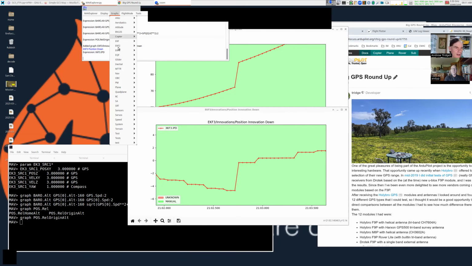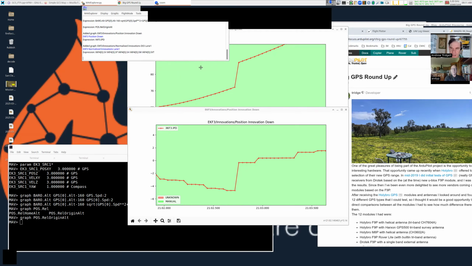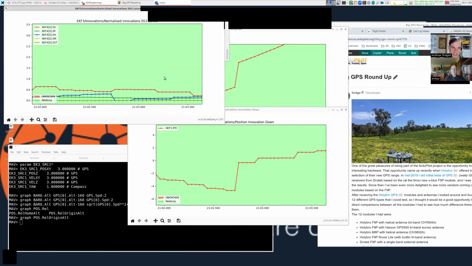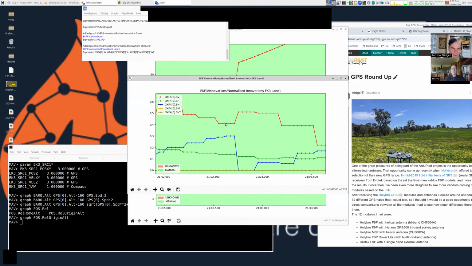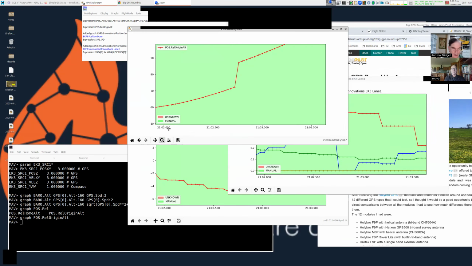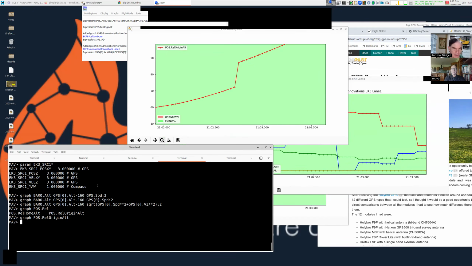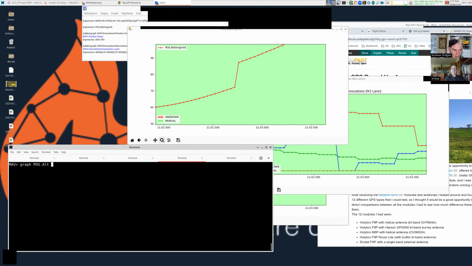Another graph will tell us whether the EKF was actually rejecting the GPS's estimate of position. It wasn't, but there was this sudden correction. Let's look at POS.Alt, which is height above sea level, and GPS.Alt.